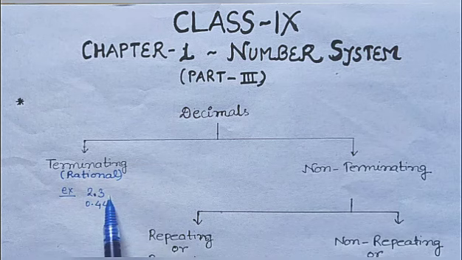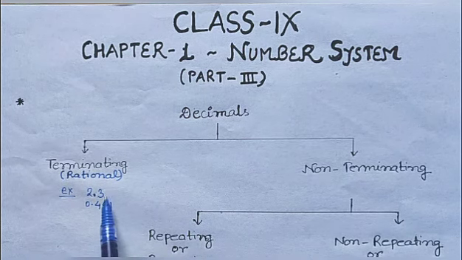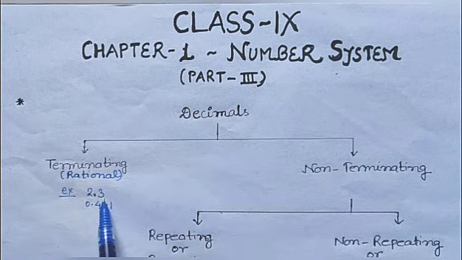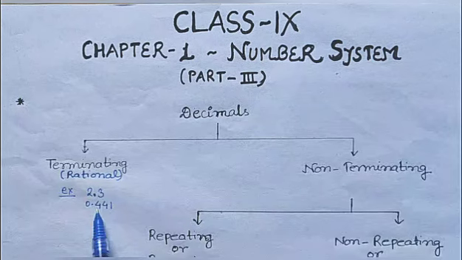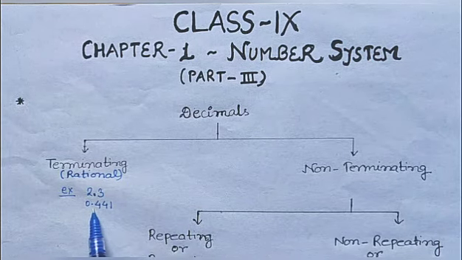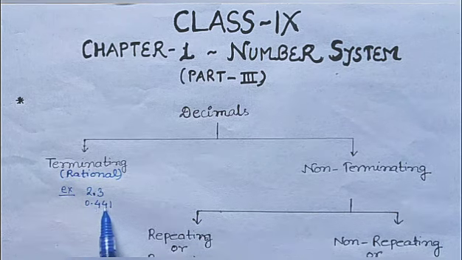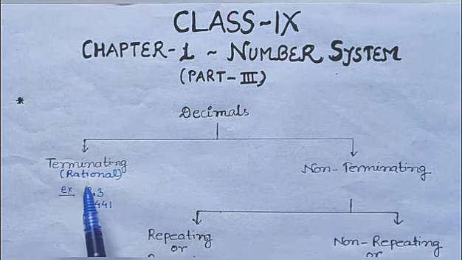In the first example 2.3, this decimal is terminating after one place of decimal point, and this decimal is terminating after three places of decimal point. So an example like this, you can say it is terminating type of decimal.